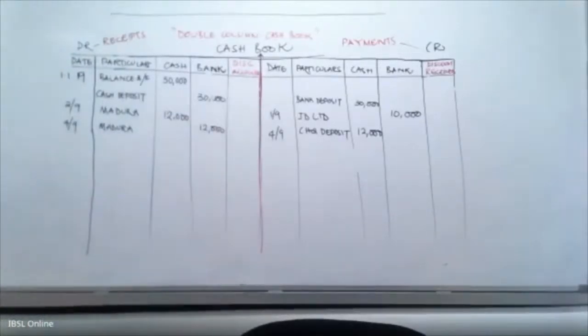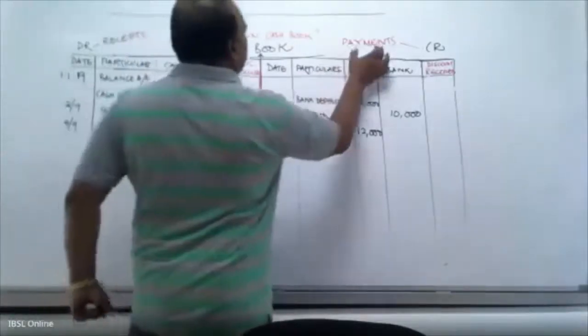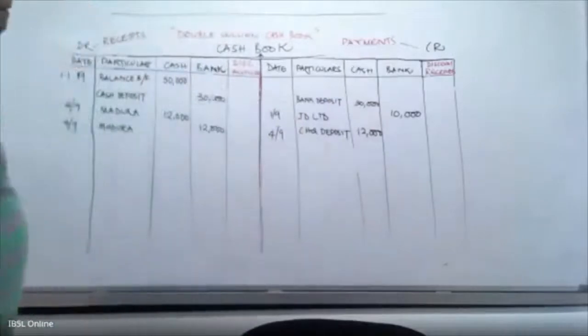Okay. Next transaction given there is where on 4th September, rupees 1,700 paid to settle the monthly electricity bill. So now you are going to pay 1,700 rupees to settle your electricity bill. When you are settling your electricity bill, cash is going to go out, which means it is a payment. So how will you record this transaction?